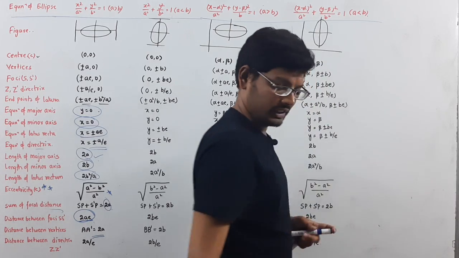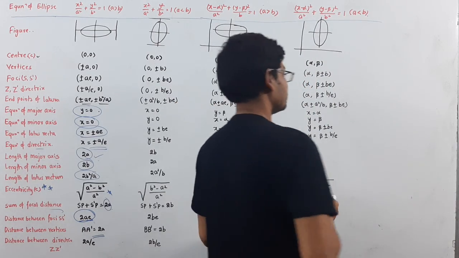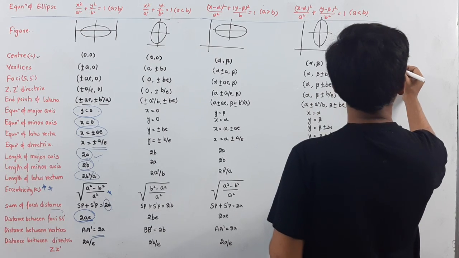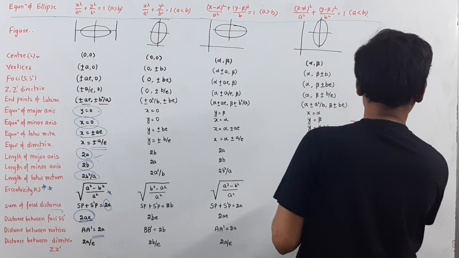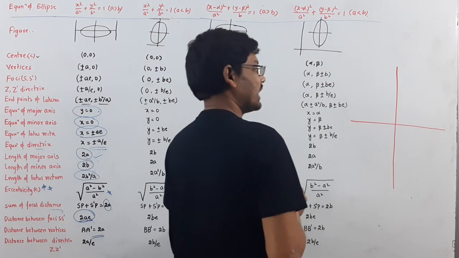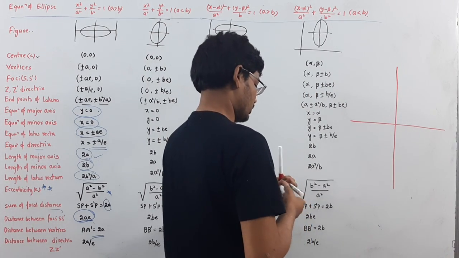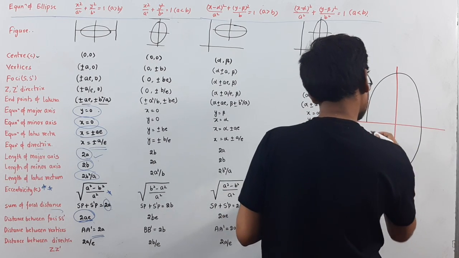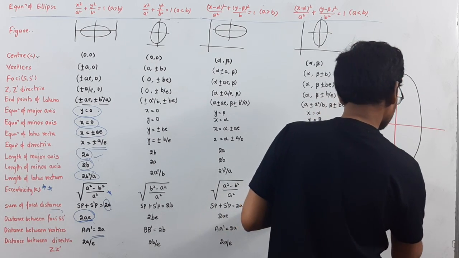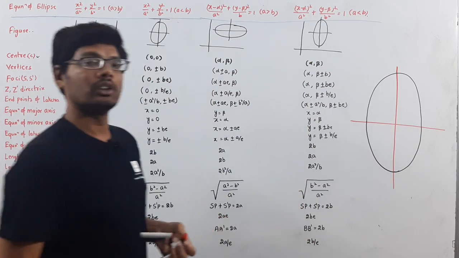And if you discuss this point here, this is the axis. So let us take an ellipse. This is an ellipse here.